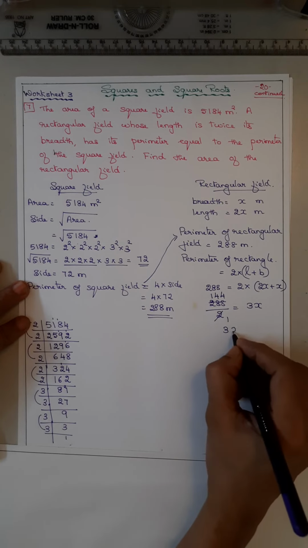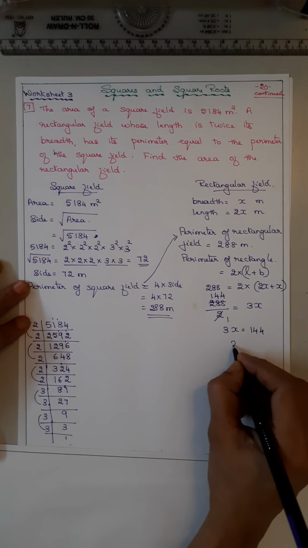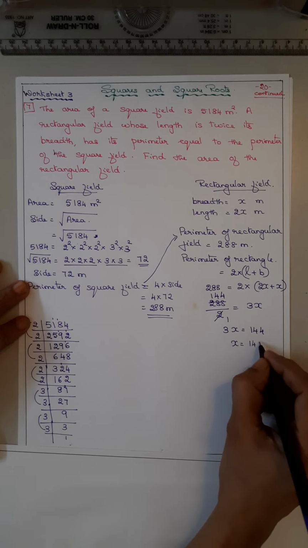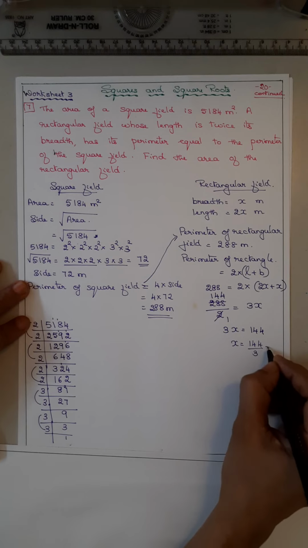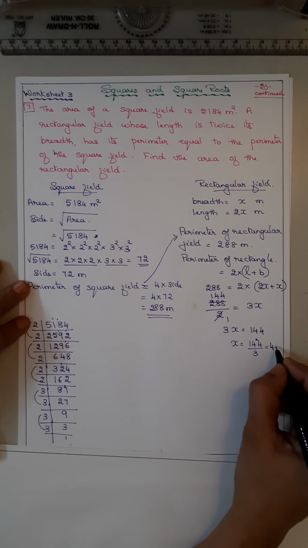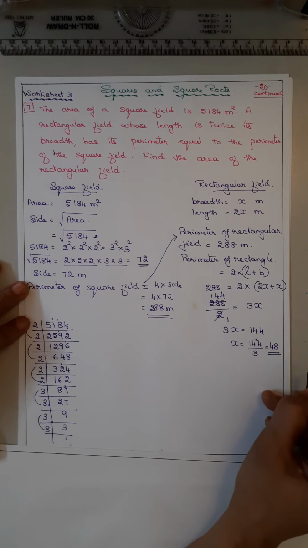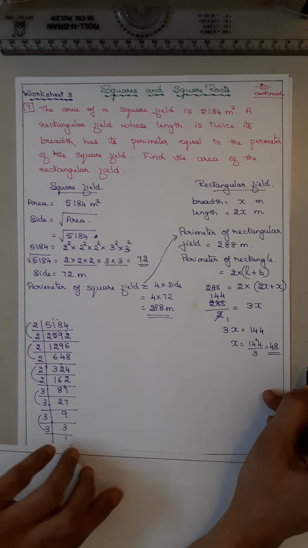So you got 3x is equal to 144. So x is equal to 144 upon 3. 3 4s are 12, 2 remains, 3 8s are 24. So x is equal to 48.